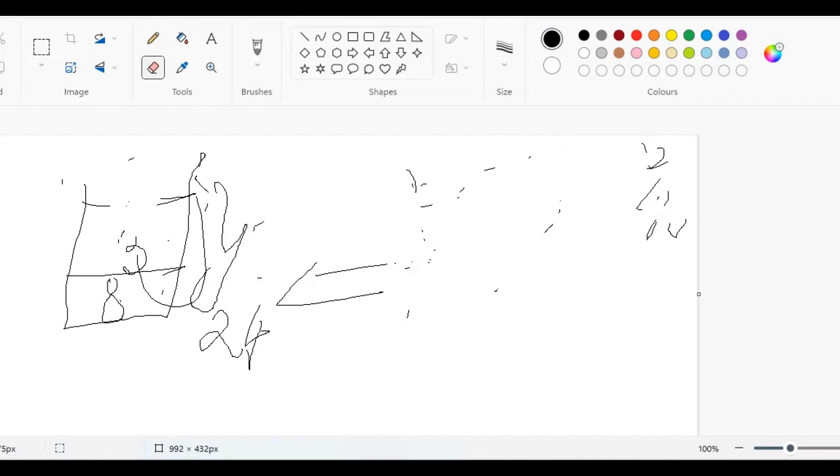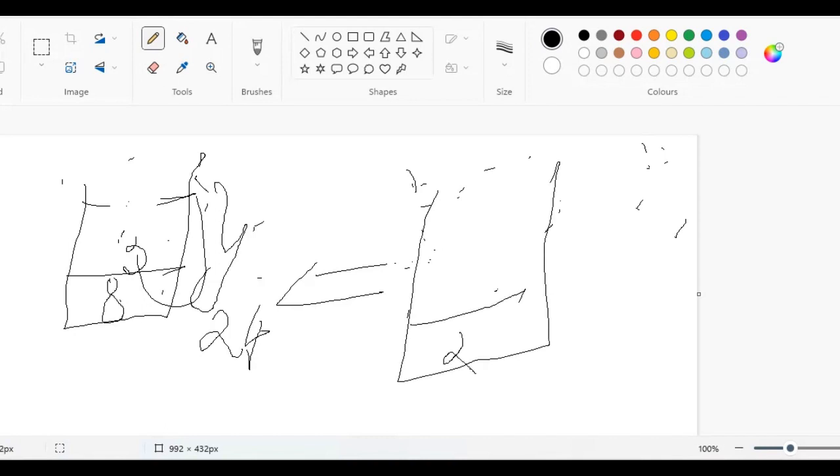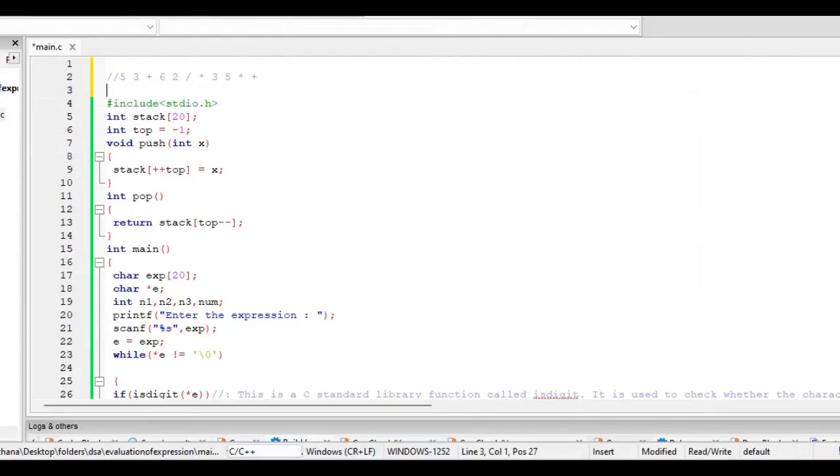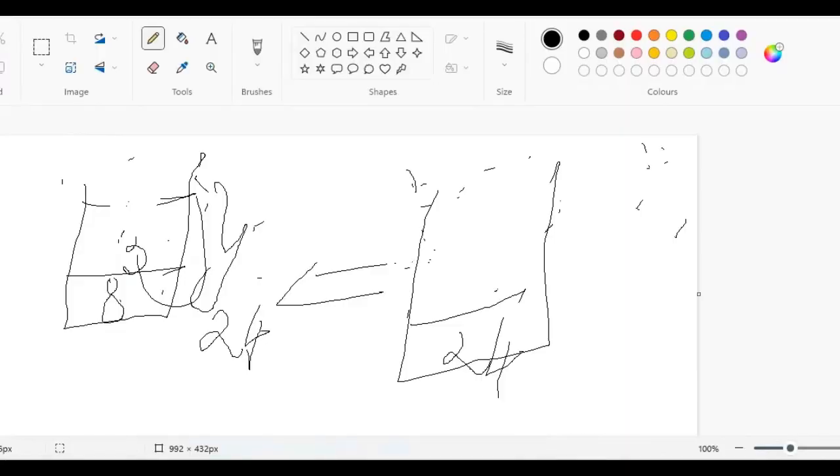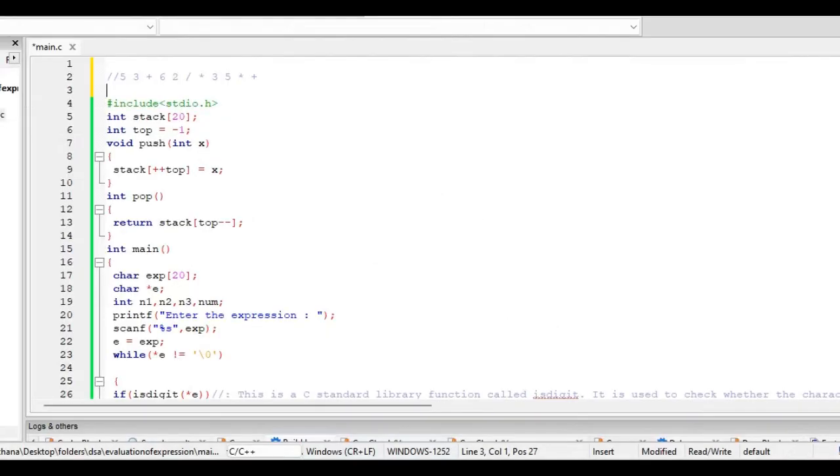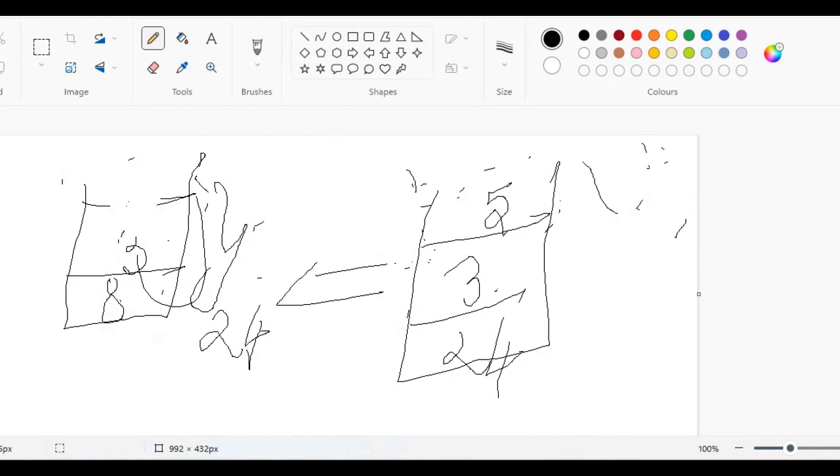Let me explain more clearly. We are having only 24 in this stack. Then we are adding 3 and 5. So 3 will be added here and 5 will be added here, and then the multiplication symbol applies to these two numbers.